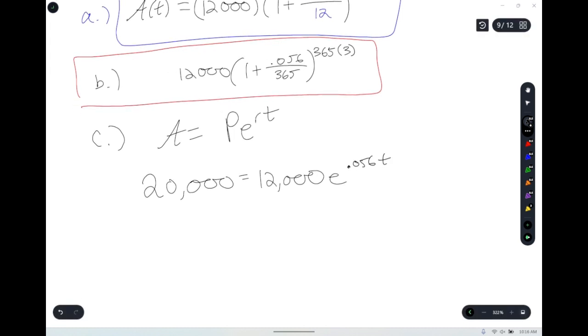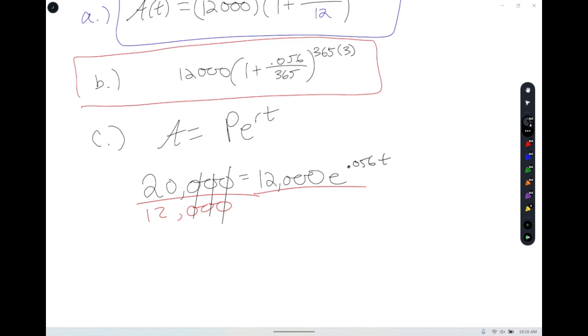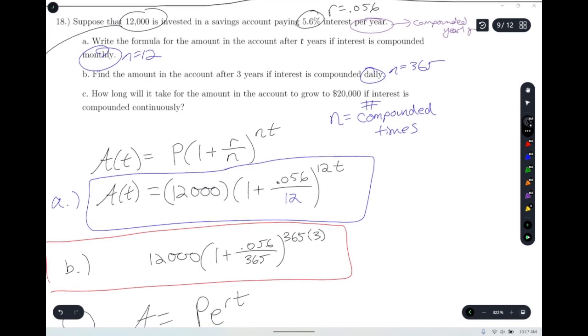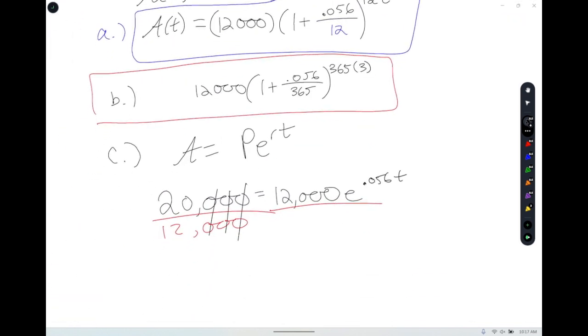Not yet. The first thing I would do is divide by 12 thou. Why is it 0.056? Isn't it 0.56? No, you move the decimal twice. Isn't it 5.6? Yeah, but with a percent sign, you move the decimal twice.